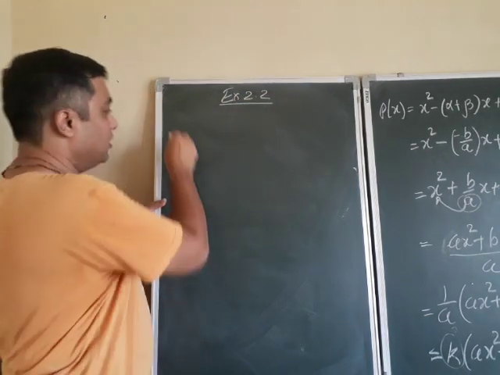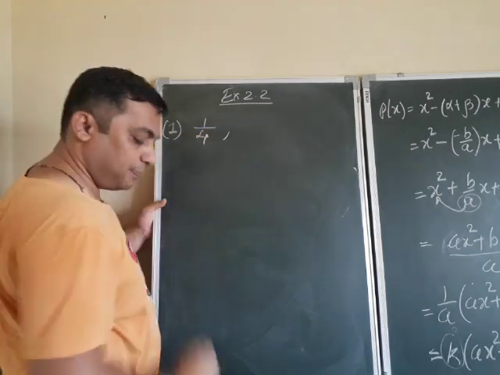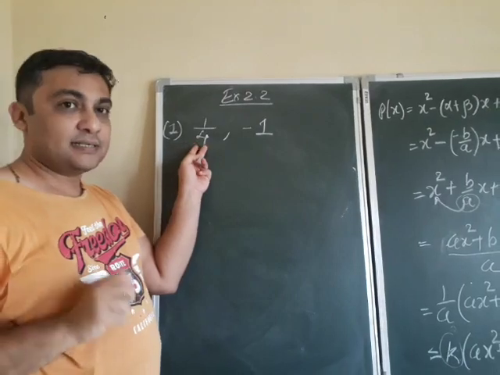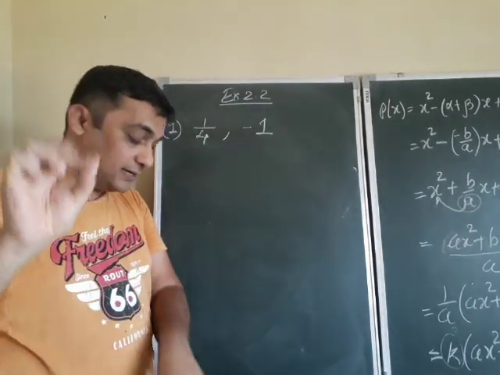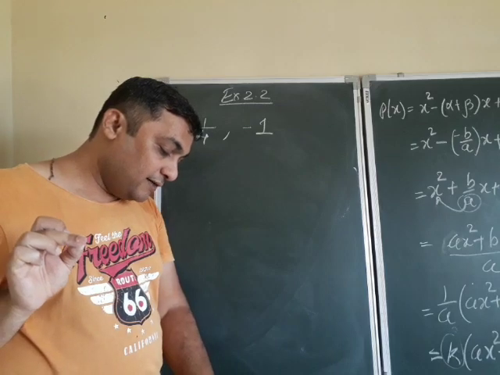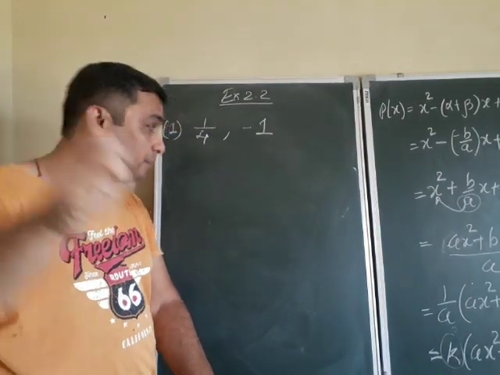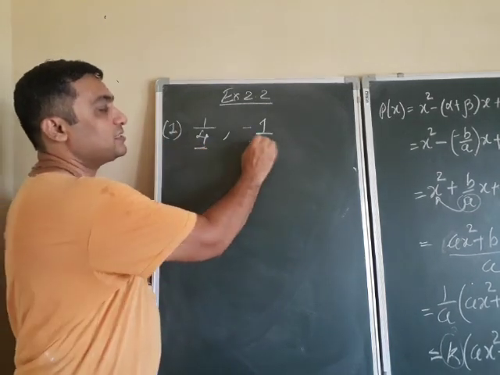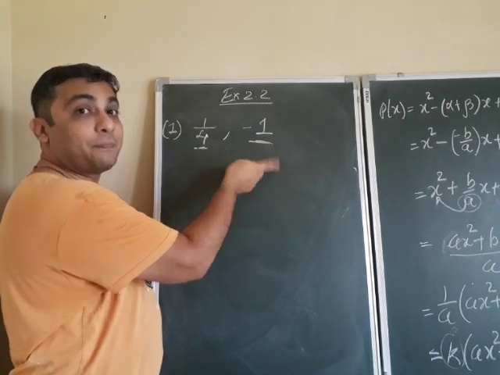Question number 1. Data is given as 1/4 and -1. If you read the data, this is the sum of the roots and this one is the product of the roots. Please read the data carefully. With the given numbers, ये जो numbers हैं वो कौन हैं? Numbers as the sum and product of its zeros.